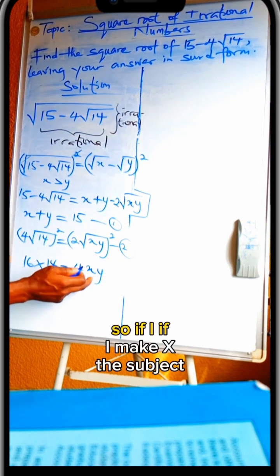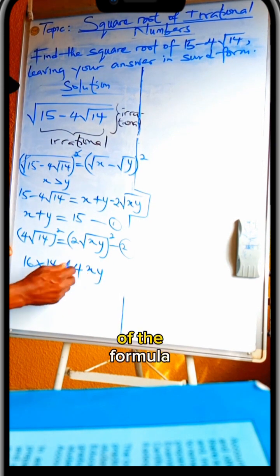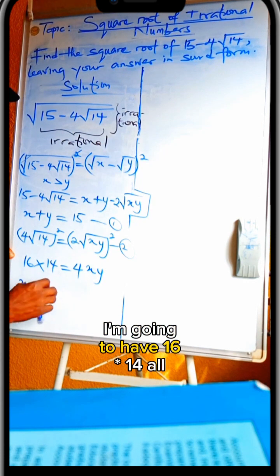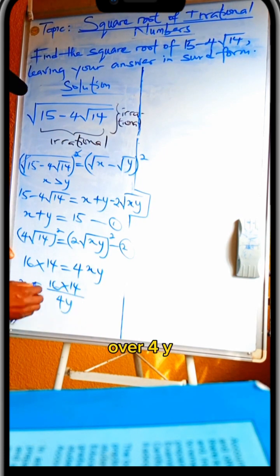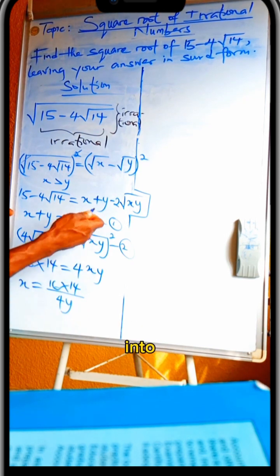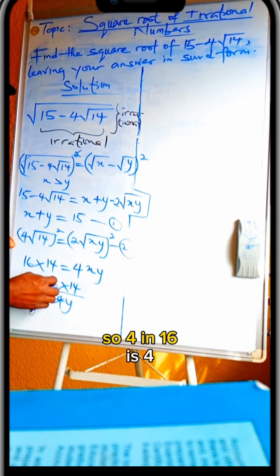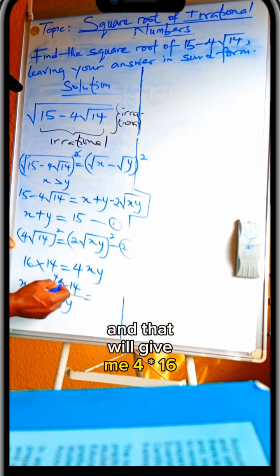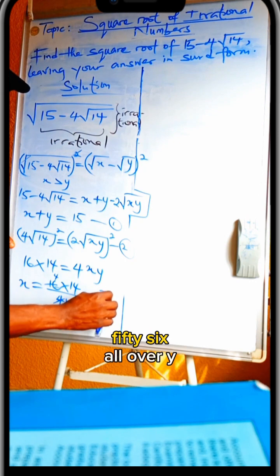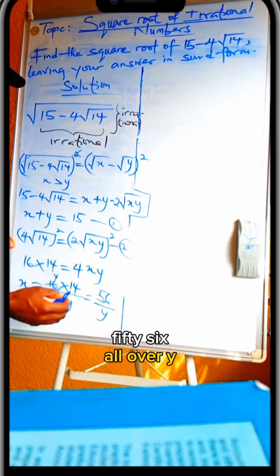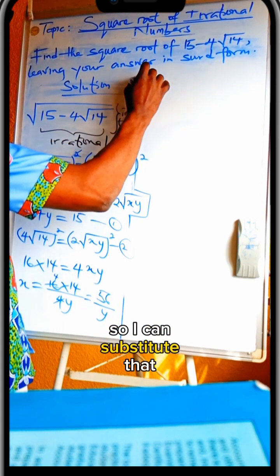So if I make x the subject of the formula, I'm going to have 16 times 14 all over 4y, so that I can later substitute into one of the equations, precisely equation 1. So 4 in 16 is 4, and that will give me 4 times 14, 56 all over y.